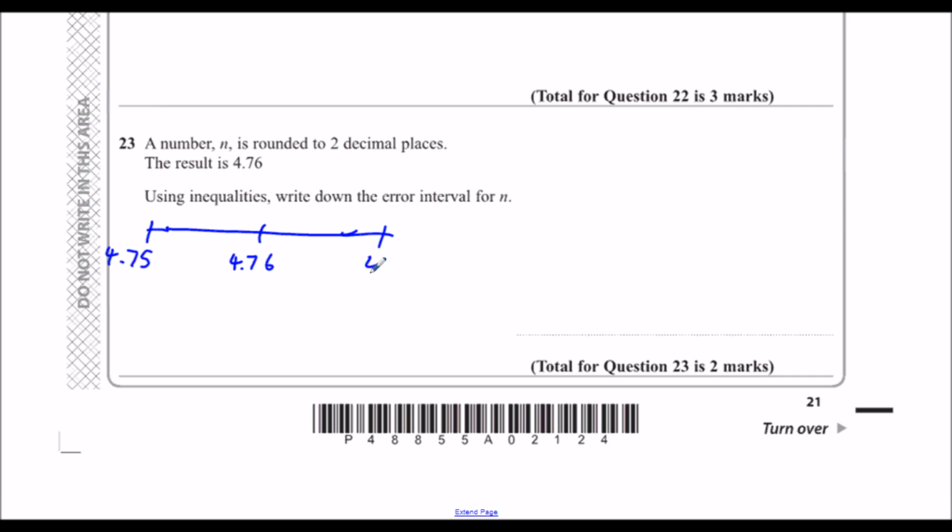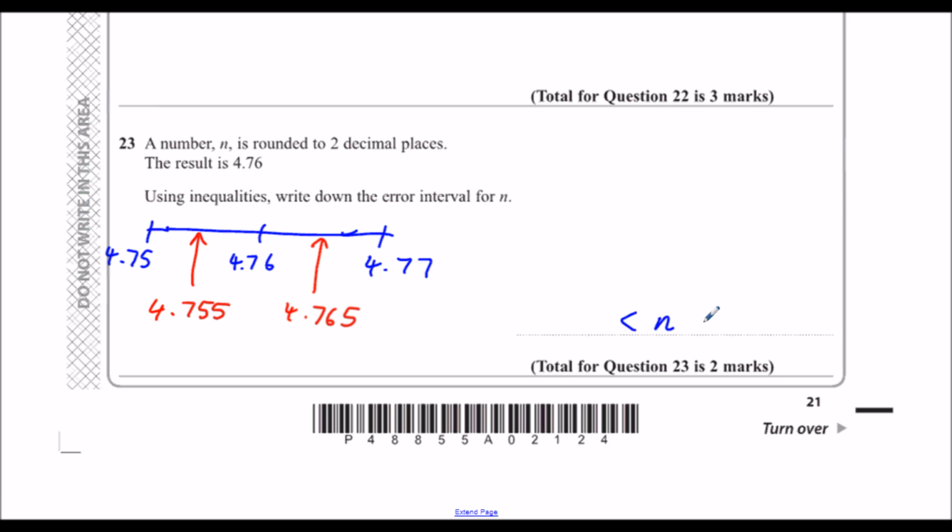The one above it is 4.77. So the lower bound was 4.755, halfway in between, and the upper bound is 4.765. So we just need to get our inequality signs right.